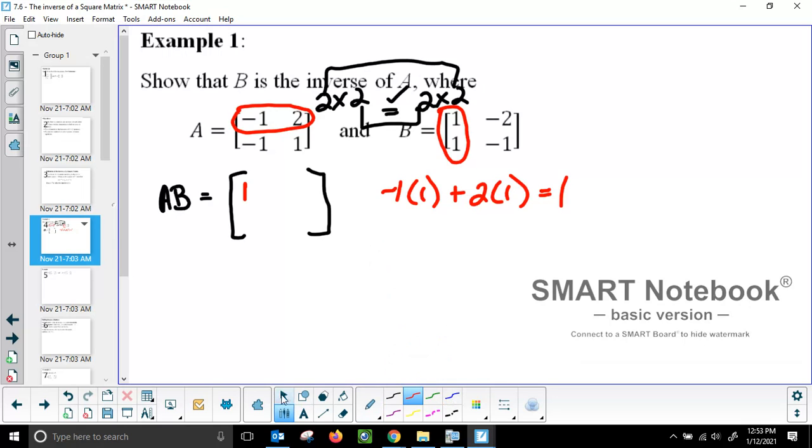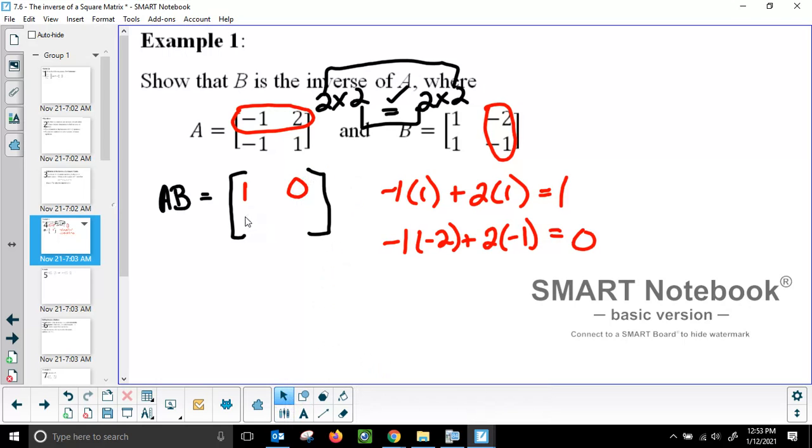Now I'm still in the first row, but now I'm in the second column. So when we go ahead and do that, we will get -1 times -2 plus 2 times -1. So that is 2 plus -2, which is 0. The next entry down here is row 2, column 1.